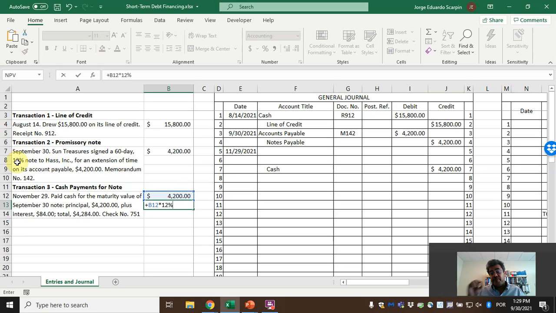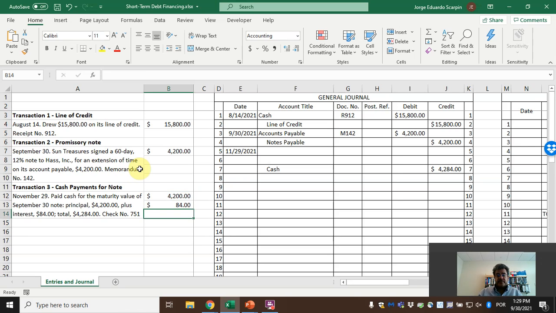However, this 12% is per year. All our interest rates are per year. So we don't want 1 year, we want 2 months, or we don't want 360 days, we want only 60 days. So here we are working with days, so divided by 360 days, that is our official number of days in a year for interest, times 60. It is the 84.